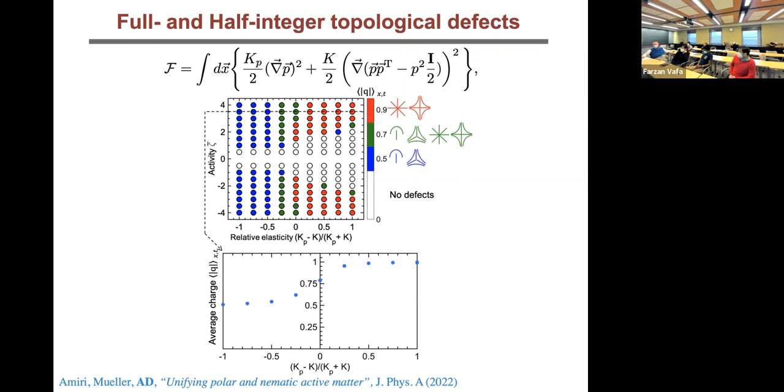But what typically comes out, and I think it's great to put these two things together and ask these questions, is that in the presence of the polar term, if you try to separate the plus minus a half defects that you might think would be there for the nematic energy alone, there's a string that ties them together. There's a linear potential, which may be what Suraj was asking. I think you'll find that there's a linear potential, maybe with a very small coefficient, because there's a branch cut, right?